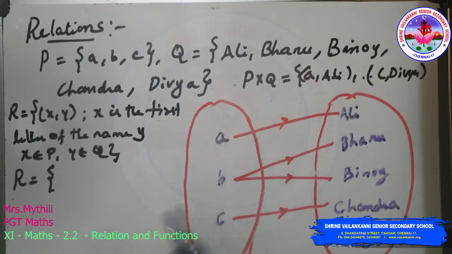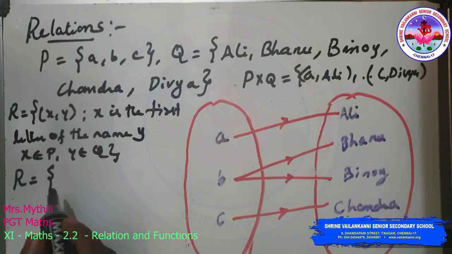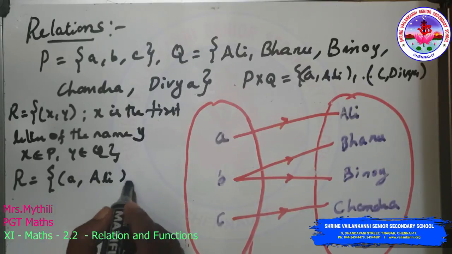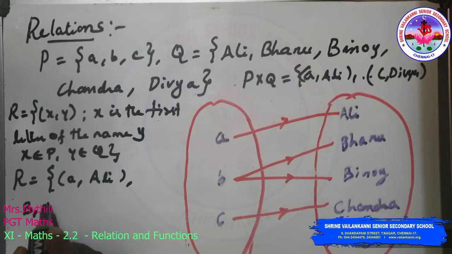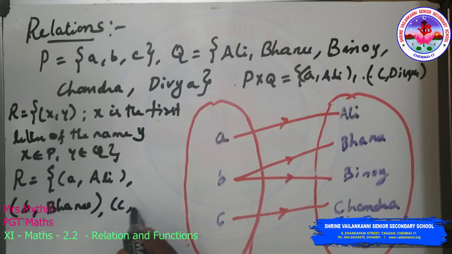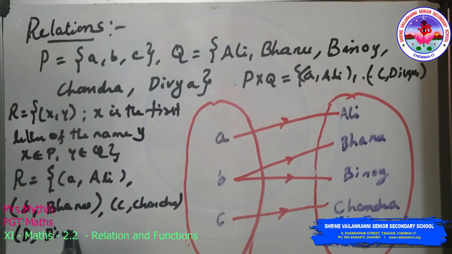So we can write in ordered pairs R equal to (A, Ali), (B, Banu), (C, Chandra) and (D, Divya), and one more (B, Binoy).